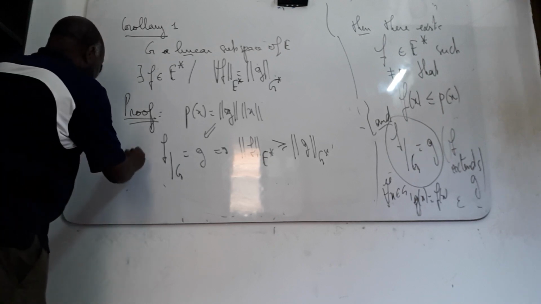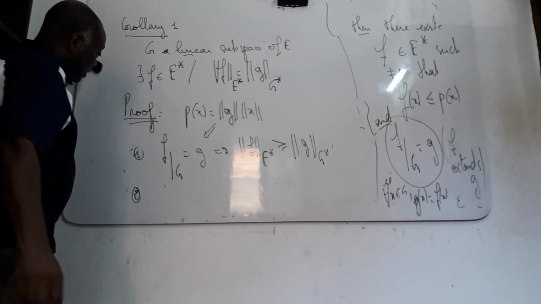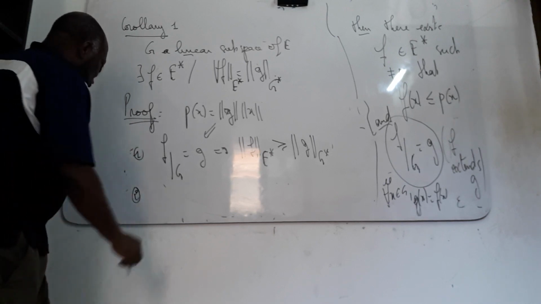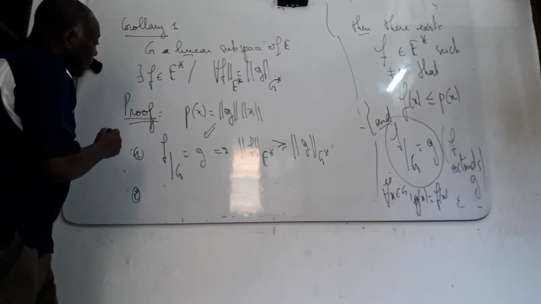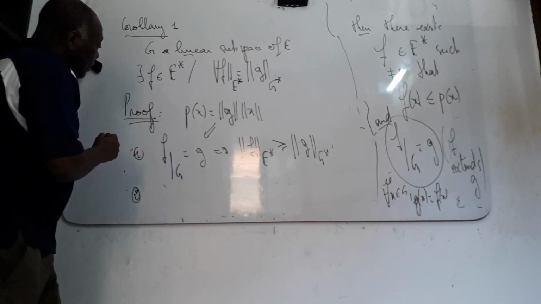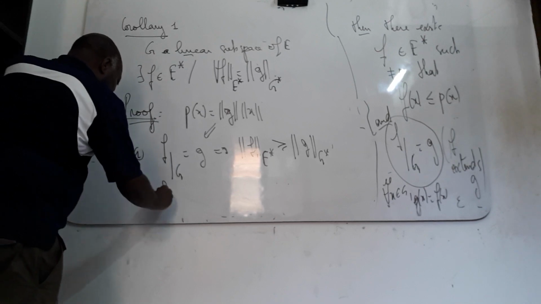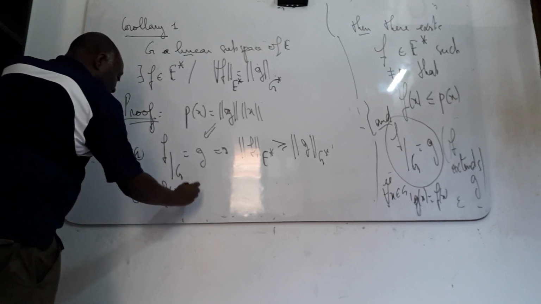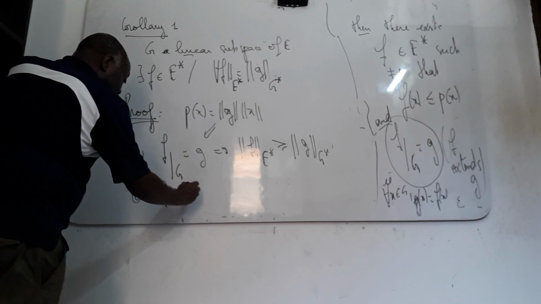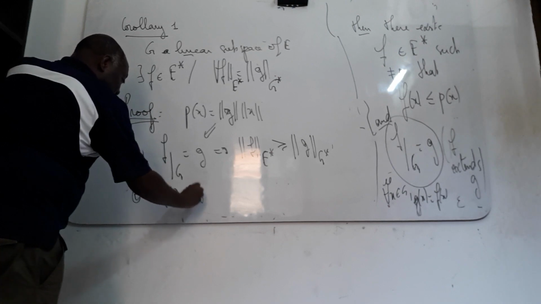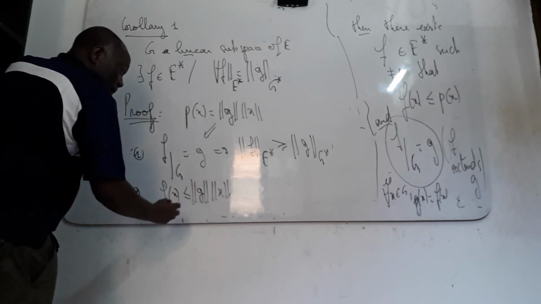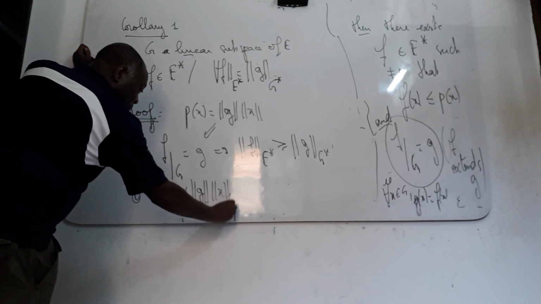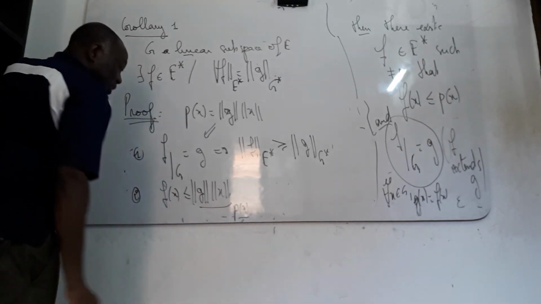And the second condition: if you compute the norm of this kind of map, you know that f of x is also less than or equal to the norm of g times the norm of x. This one is the p of x you consider.